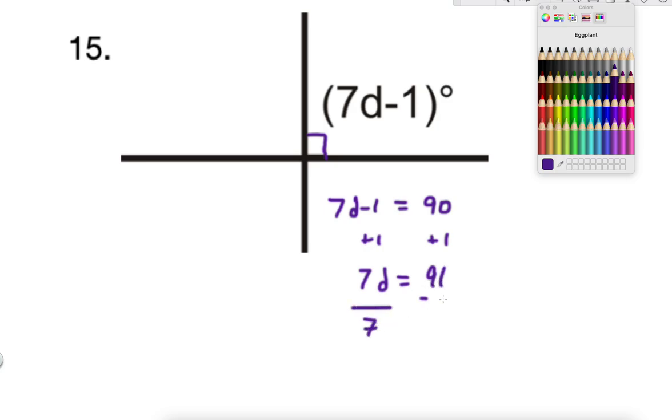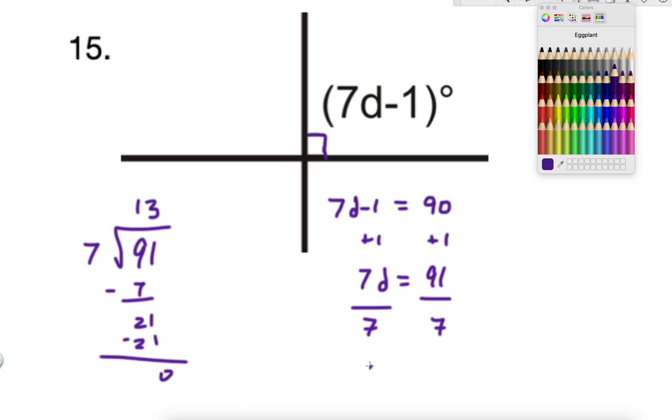And you might think, oh, there's no way that 7 goes into 91. But it does. 13 times. So d equals 13. And that one's done.